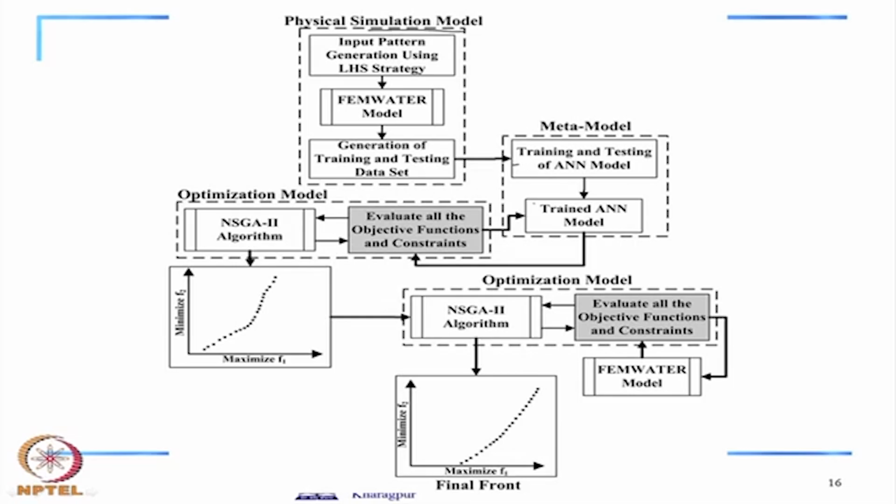From meta model, we can run our optimization model, and we can get some intermediate Pareto front or intermediate solutions, and we can pass that particular solution to the final optimization model, where the original simulation model is linked with the optimization model.